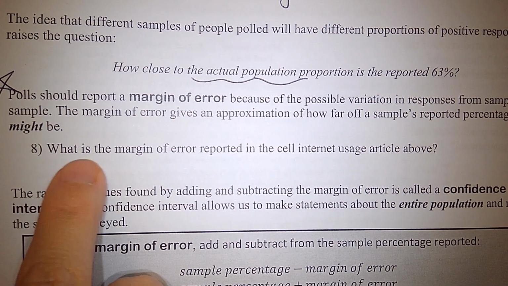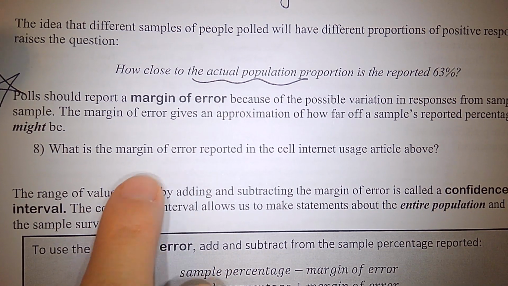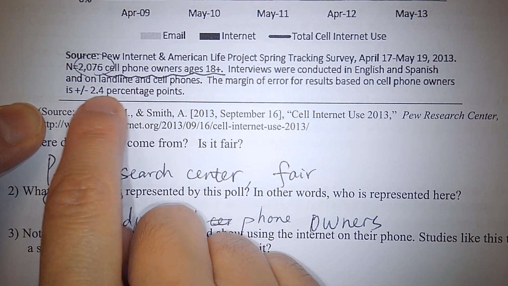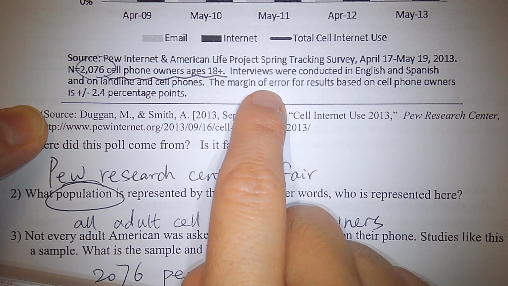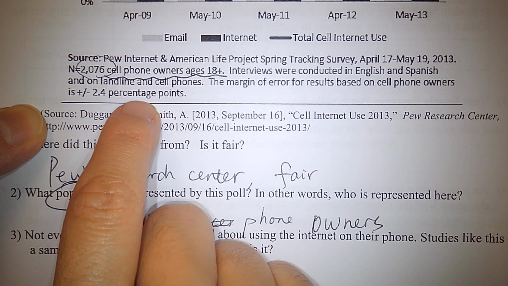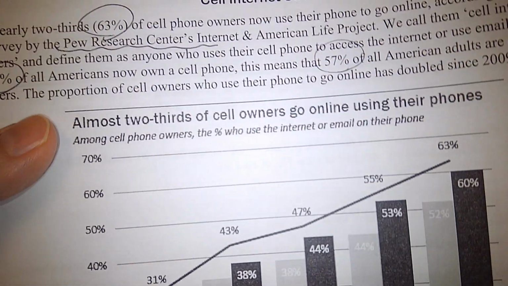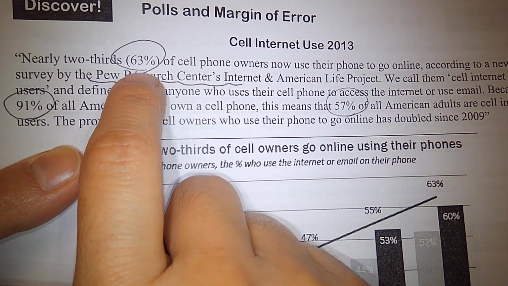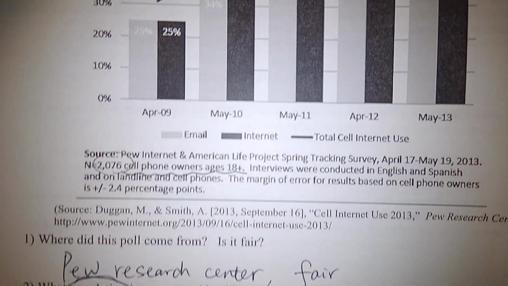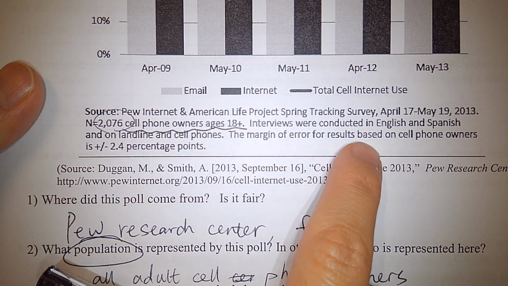So, question 8, what is the margin of error reported in the cell phone internet usage article above? Is it given? Find it. Plus or minus 2.4. Yes, the margin of error is plus or minus 2.4 percentage points. That means from this current sample, 63% of cell phone owners are cell internet users, and the survey also tells us there will be a plus or minus 2.4% margin of error.